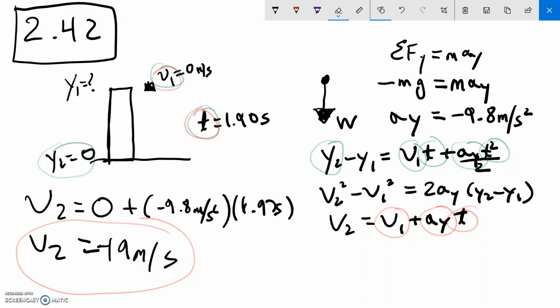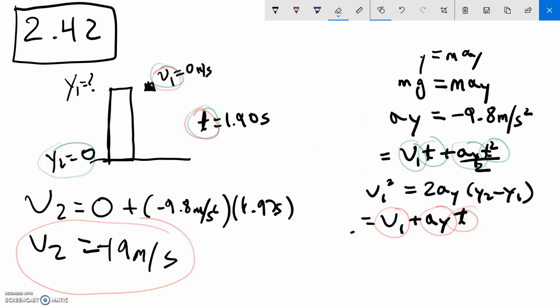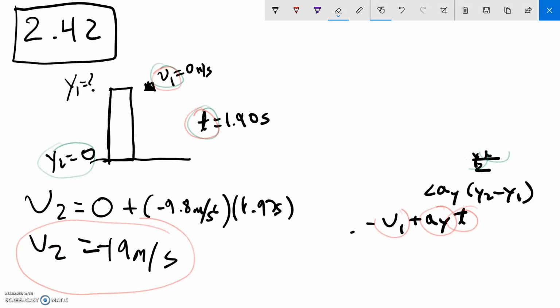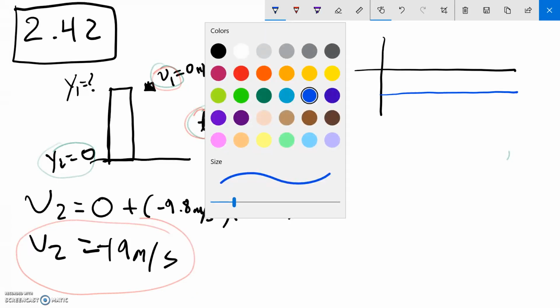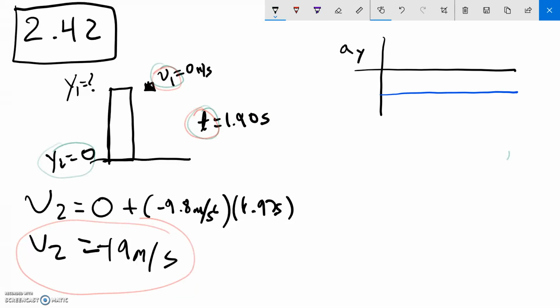All right, the next question is to sketch the acceleration versus time, the velocity versus time, and the y versus time. So one way you can do this is the following. I know acceleration is negative, and it is constant, so it should look like a straight line for my ay versus t.